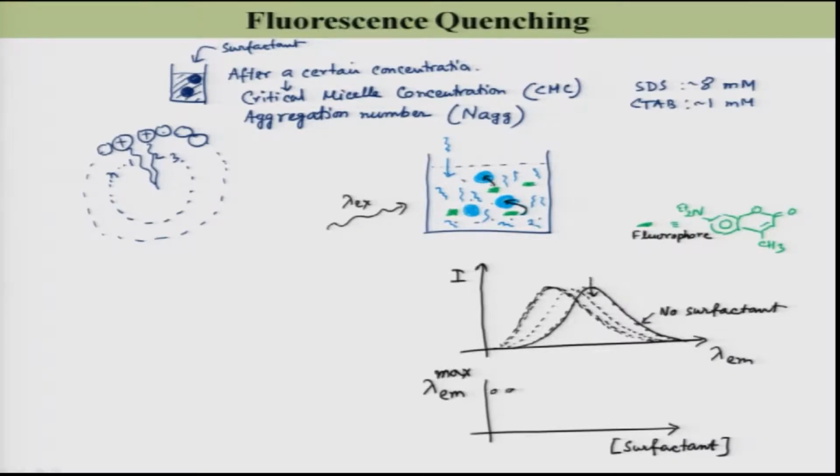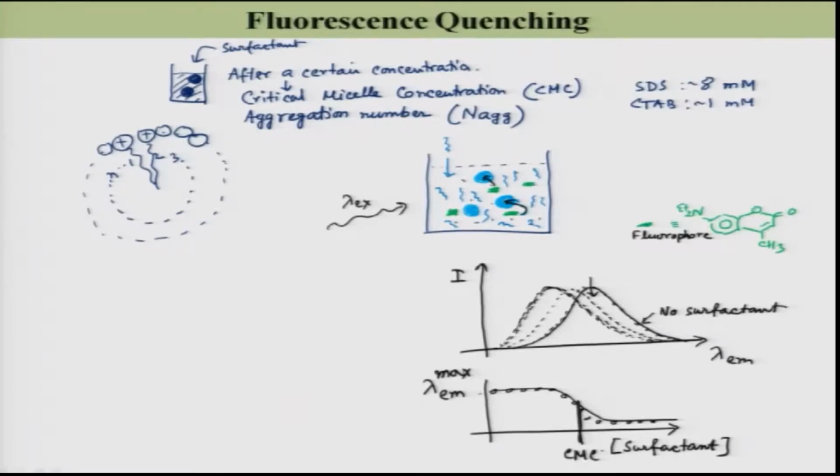So, you will get such a kind of thing, and then once there is a formation of these micelles, this value will decrease, and then it will be constant again. So, from here what you can get, the midpoint is nothing but the value of this CMC.